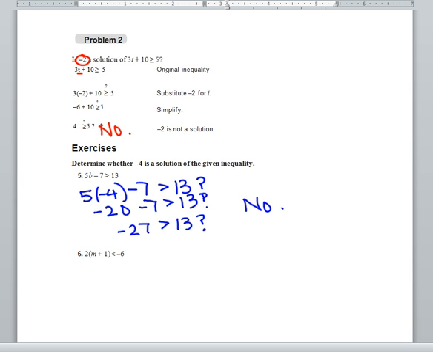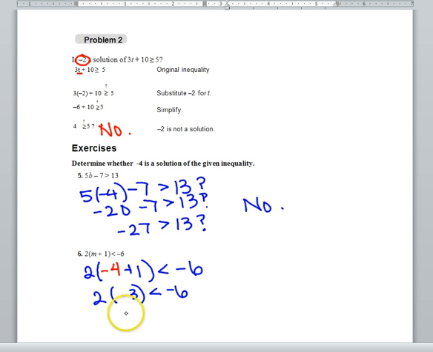Let's try number 6. We need to substitute -4 for m. Starting inside the parentheses, -4 plus 1 is -3.